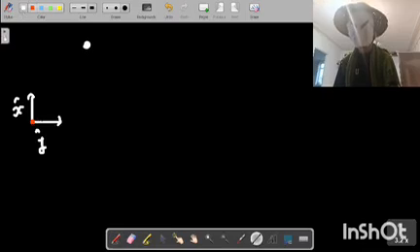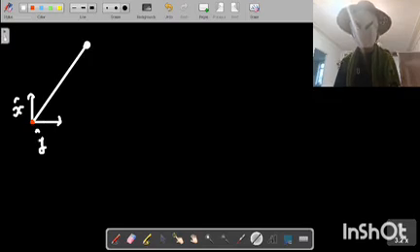Now imagine we connect the ball with the origin of the coordination. Let me use this to make it prettier. There you go.